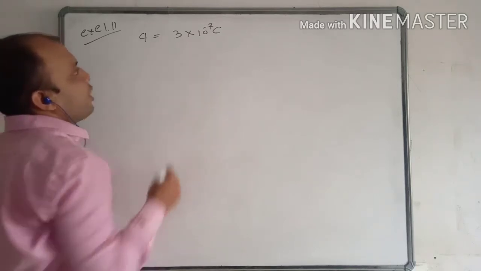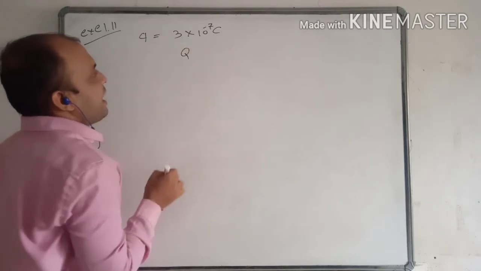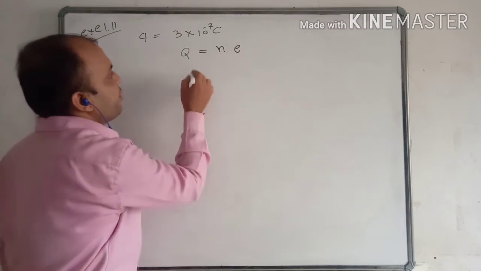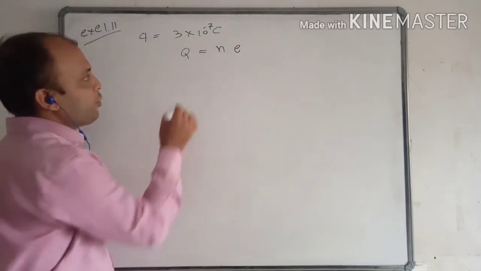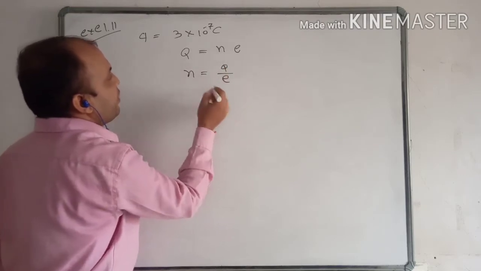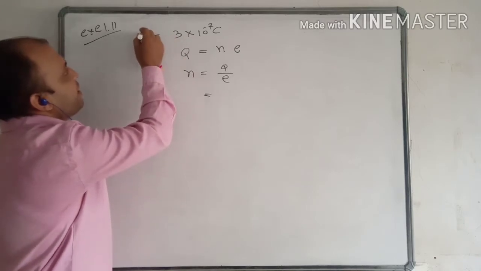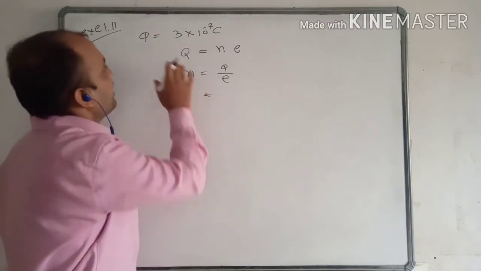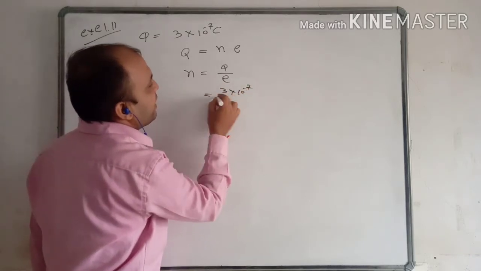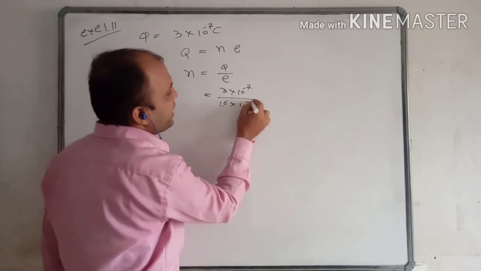From the equation of quantization, the charge of a body will be N into E. We have to find the number of electrons, so N will be Q upon E. Now Q is the charge of the body. Q equals 3 into 10 raised to minus 7, and E is the charge of the electron, 1.6 into 10 raised to minus 19.